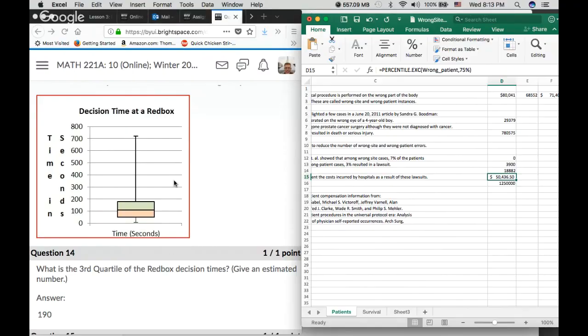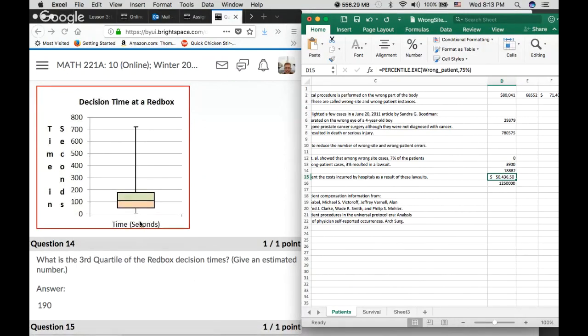Anyway, it's measuring the quartiles. At the bottom is your minimum, and then the next point right here is your Q1. Then you've got your median, your Q3, and your max. So it measures all of the 5-number summary.